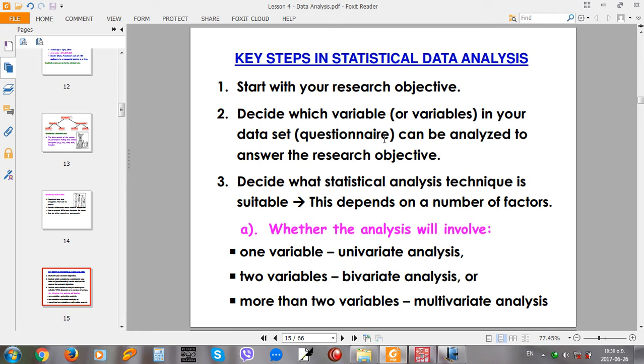We can do observations, interviews, such as structured, semi-structured and unstructured interviews, or participant observation, or we can use a questionnaire. So here, questionnaire means one of the data collection methods.